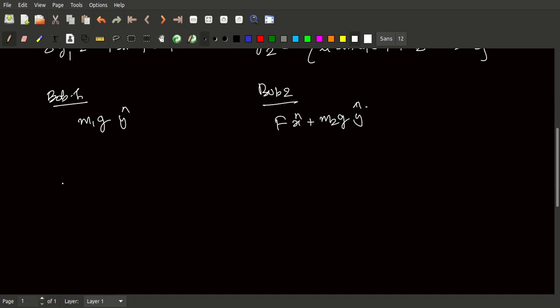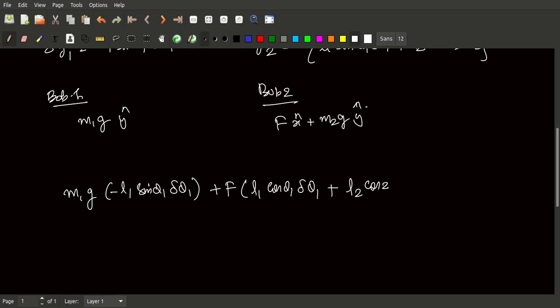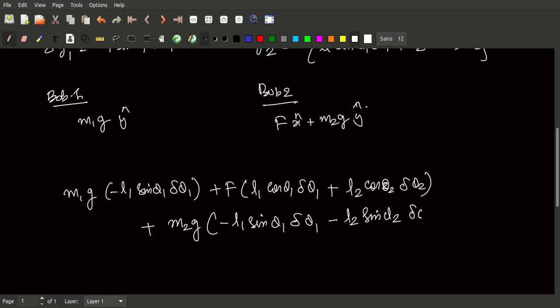That will be equal to m1g times minus L1 sin theta 1 del theta 1, this is for bob 1, plus F into L1 cos theta 1 del theta 1 plus L2 cos theta 2 del theta 2, plus m2g times minus L1 sin theta 1 del theta 1 minus L2 sin theta 2 del theta 2.